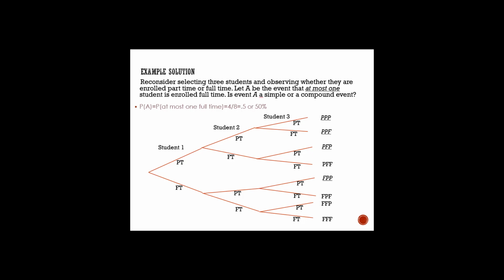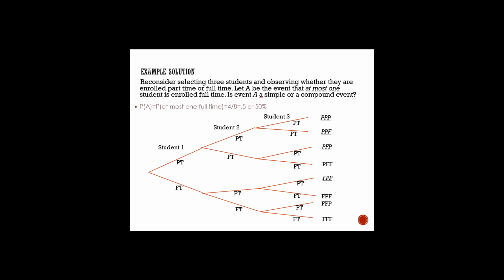So you have to think, okay, so 1 full-time student would satisfy the condition, but you also have to consider that no full-time students, 0, would satisfy the condition also, and that's the one that trips us up. At most 1 means that it could be either 1 or 0 full-time.